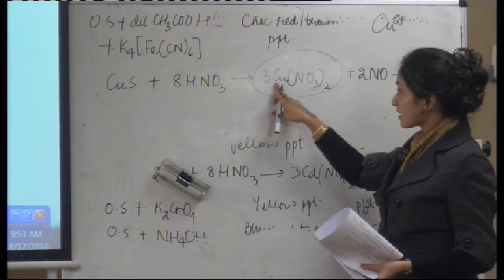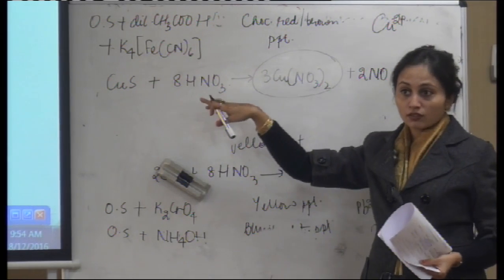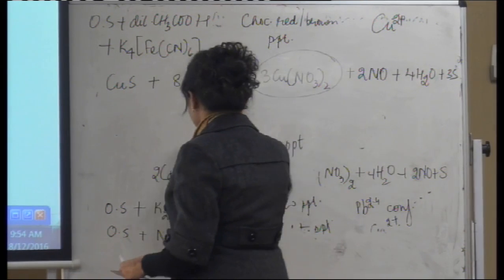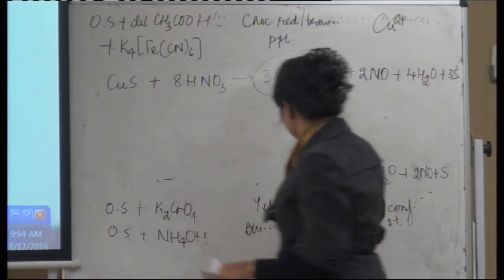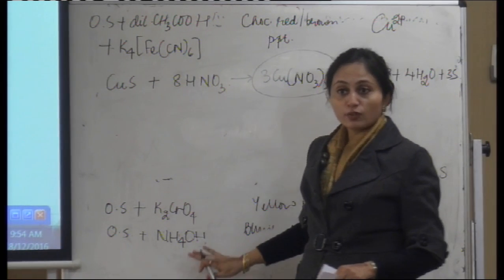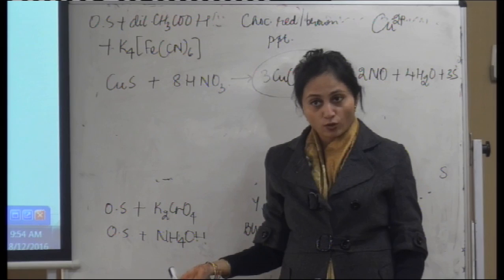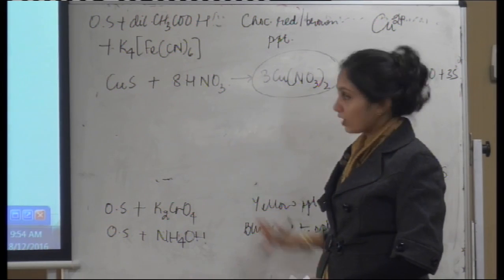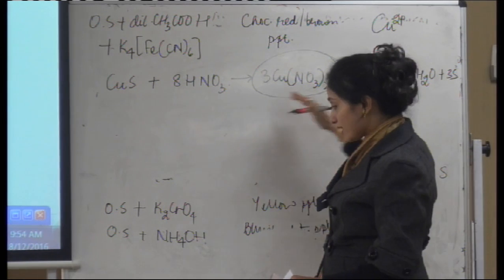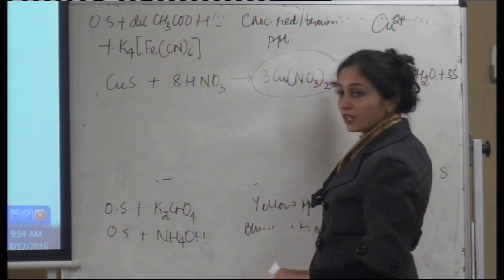Your focus should not move away from the ion. So we are right now concentrating on our Cu2+, for which one of the tests is you take the original solution and add NH4OH to it. When you add NH4OH, what is formed? Copper hydroxide, its color bluish white. If we take 50% HNO3, and we have CuS in it, it will get dissolved.